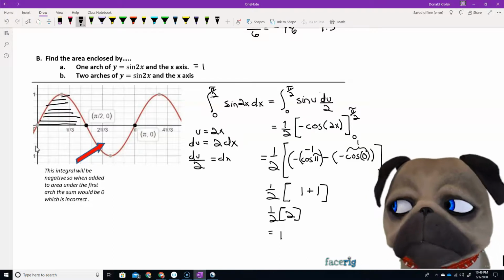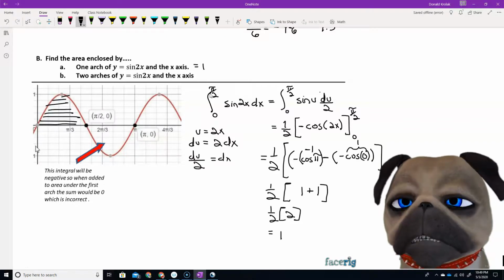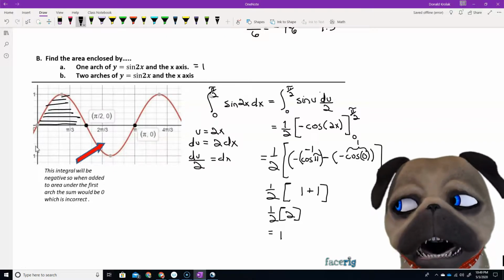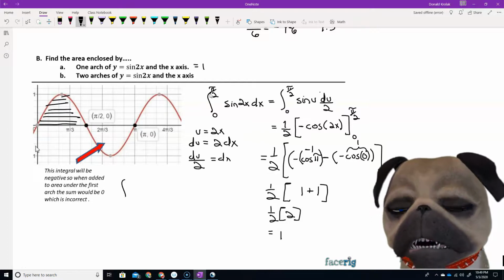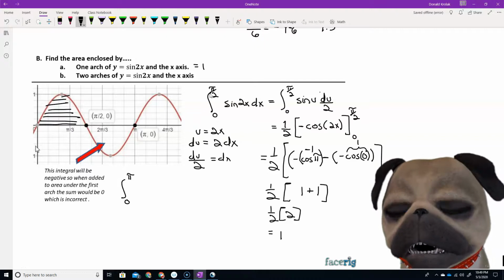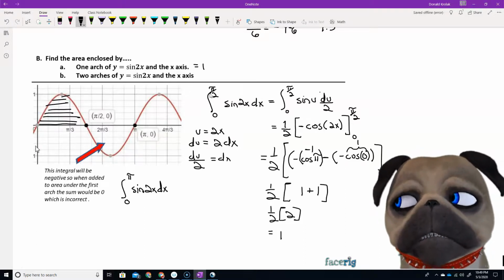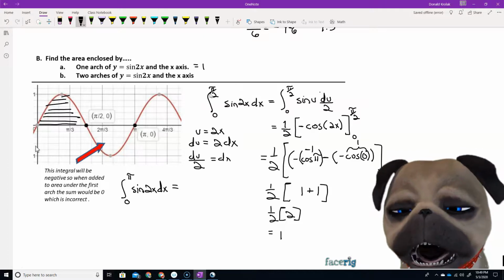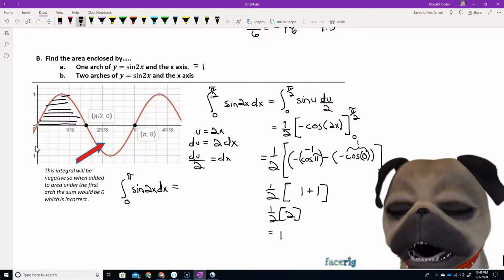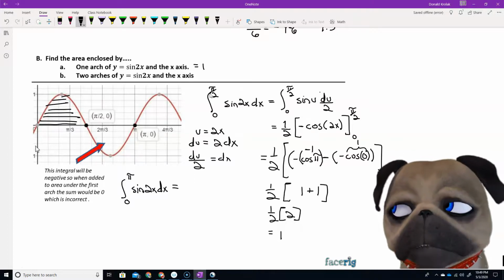Now, if I did it under 2 arches, these two areas are going to be the same. Everything is going to look the same on this, except I'm going to go from 0 to pi. And now if I would do this, instead of getting 2, I'm going to end up getting a 0.